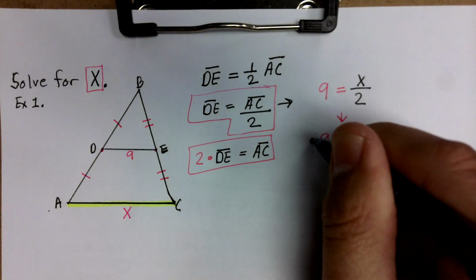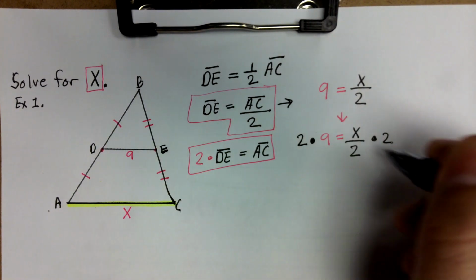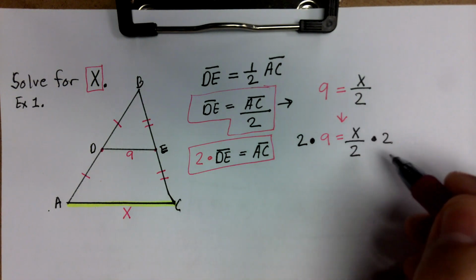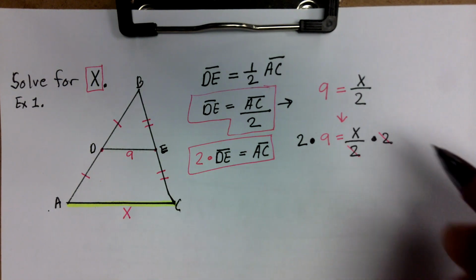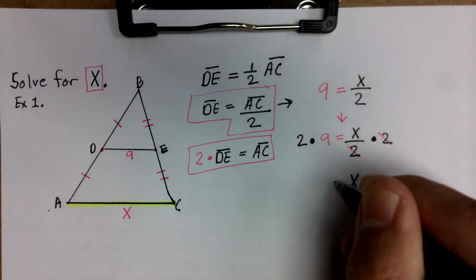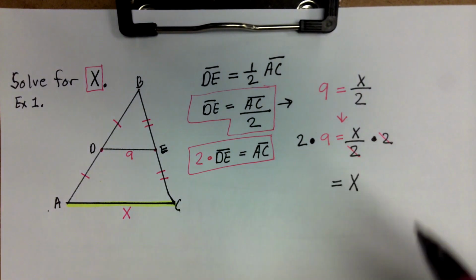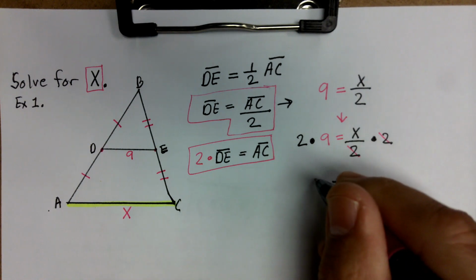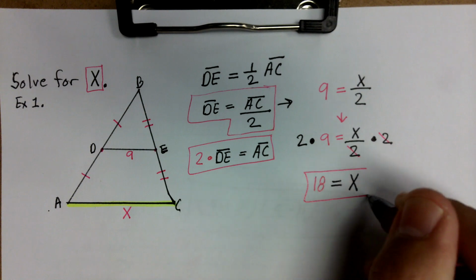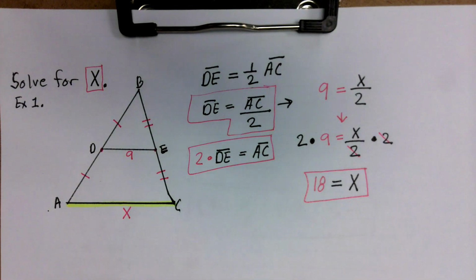It means we also have to multiply the left side of the equation. Anytime that we multiply a fraction by its denominator, they just cancel, and all we're left with is the numerator. So x equals, and then if I multiply 2 times 9, that gives me 18. Therefore, my answer is x is equal to 18. And that's how you solve it.